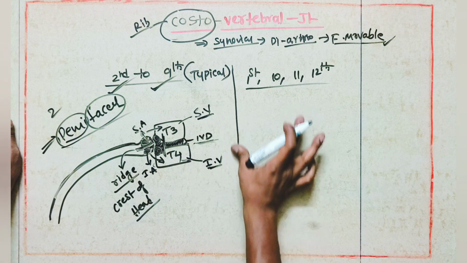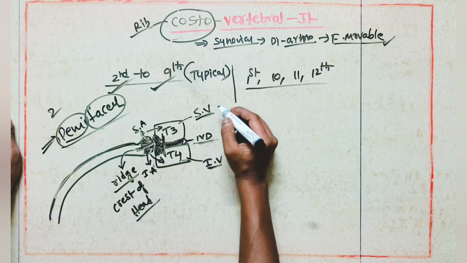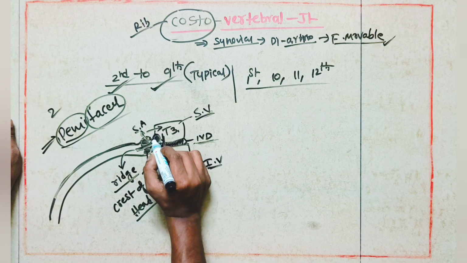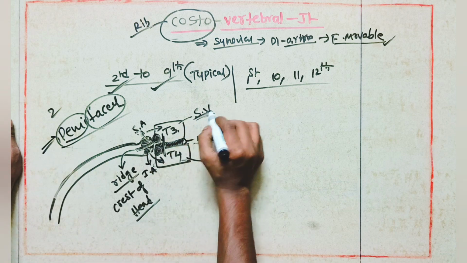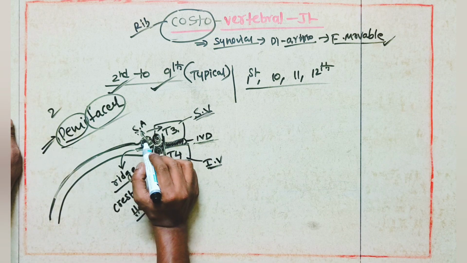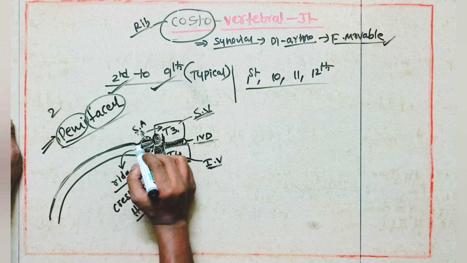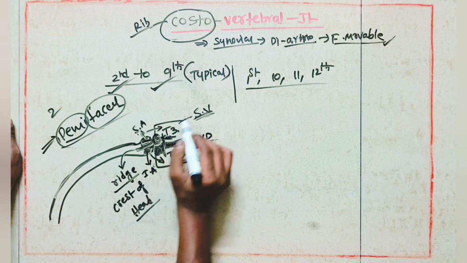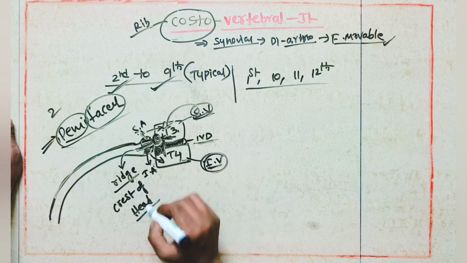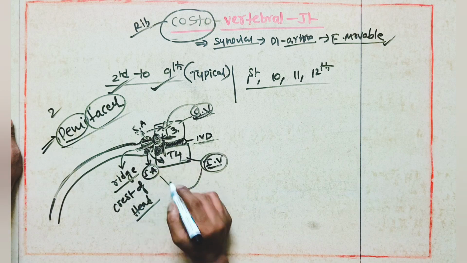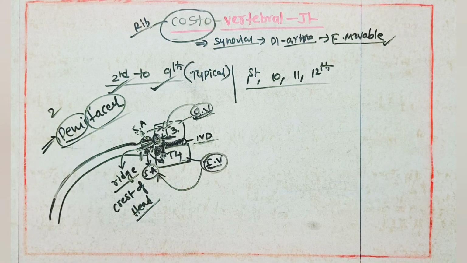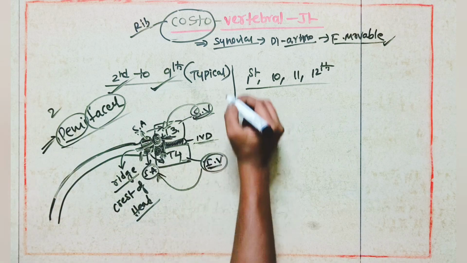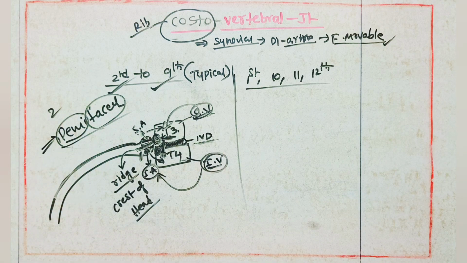The superior vertebra has an articulating facet for the superior articular facet of the rib, at the inferior portion of the superior vertebra. The inferior vertebra has an articulating facet for the inferior articular facet of the head of the rib, at its superior portion. So this is the costovertebral joint from the 2nd to 9th ribs.